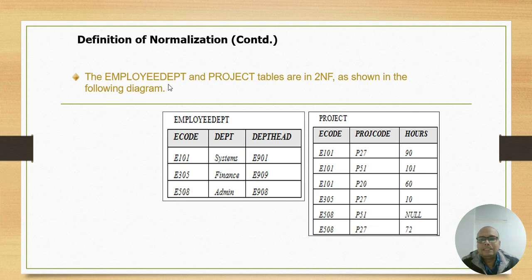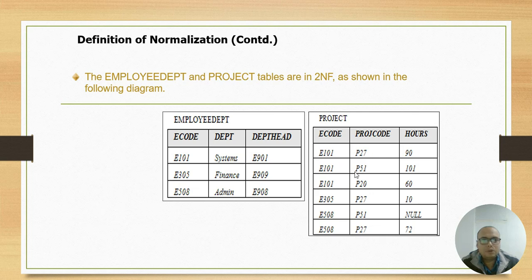So as you can see, the employee project code table is in second NF as shown in the following diagram. Like I told you before, before going to second normal form, my table should be in first normal form. Then we can proceed to the second normal form. As you can see in this diagram, there are two tables, employee department and project, each holding individual records.